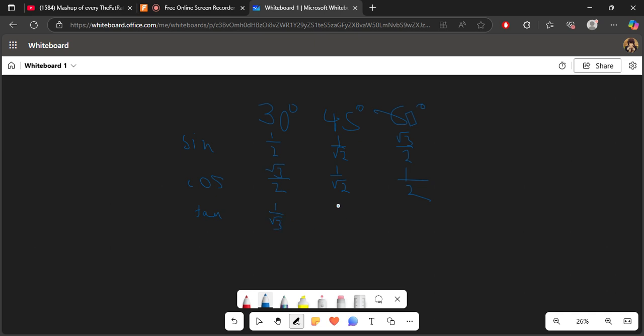The tangent of 45 is 1. And the tangent of 60 is root 3. And there you have it. That's your values for the special angles.